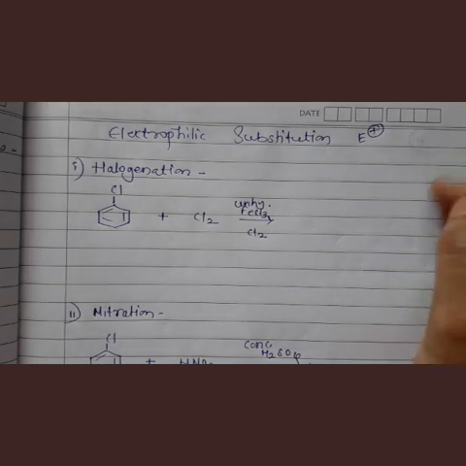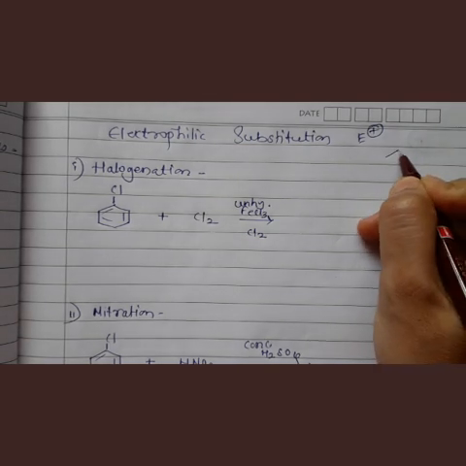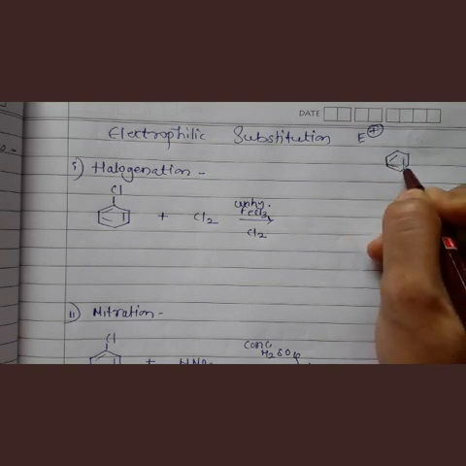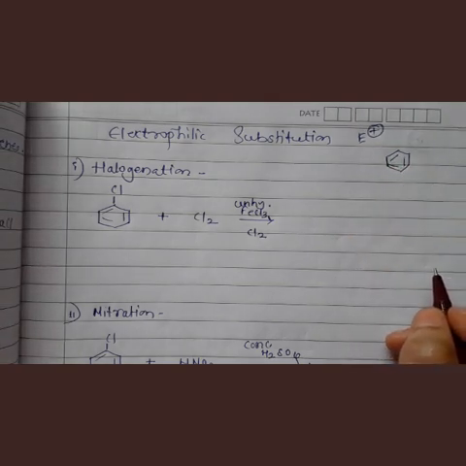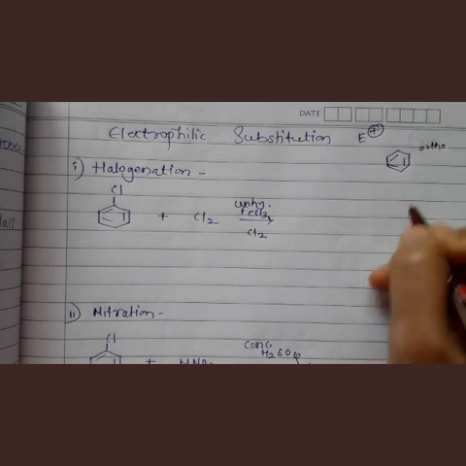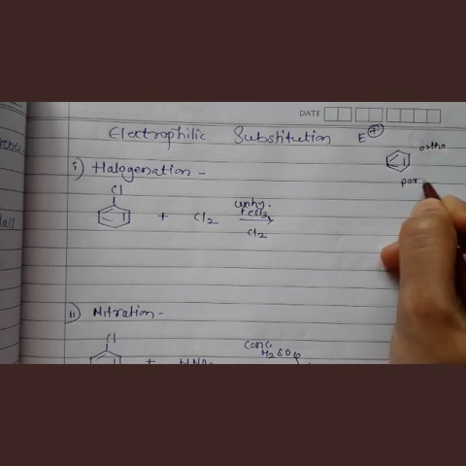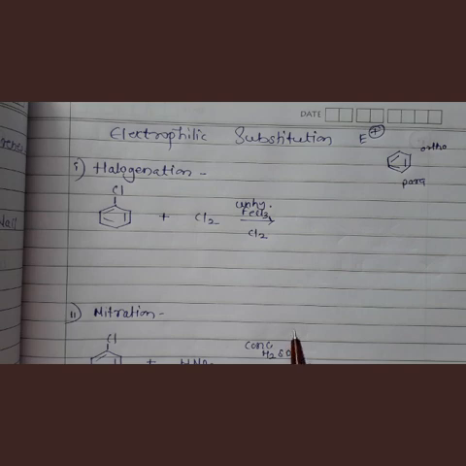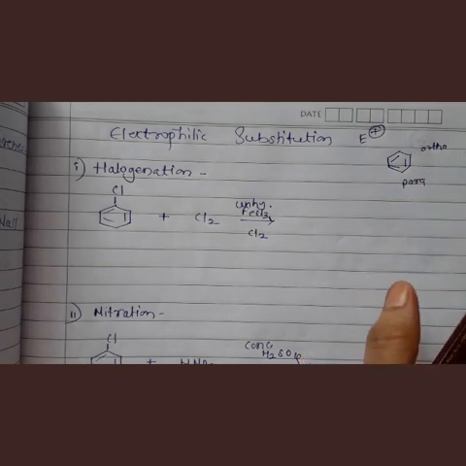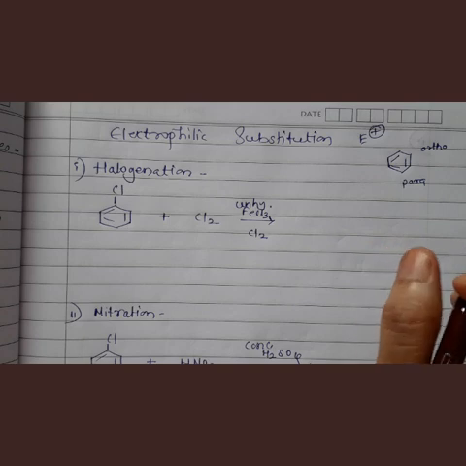And on aromatic ring, electrophilic substitution always takes place at this ortho position and this para position. Understand? Electrophilic substitution in case of your aryl halides takes place always at ortho and para position.